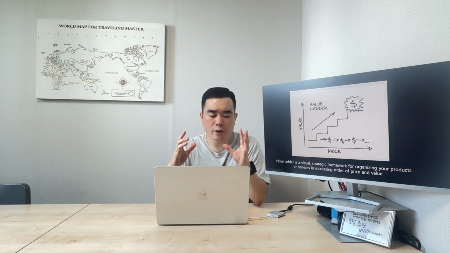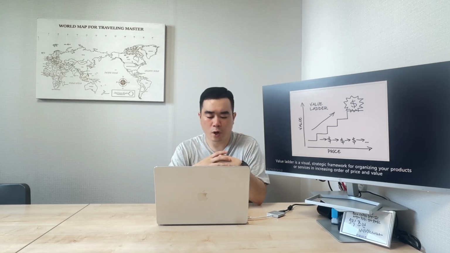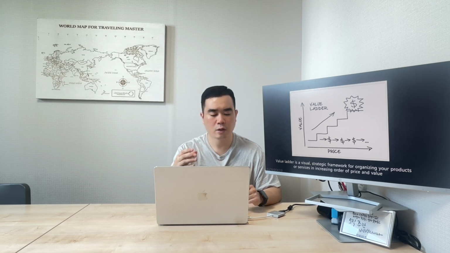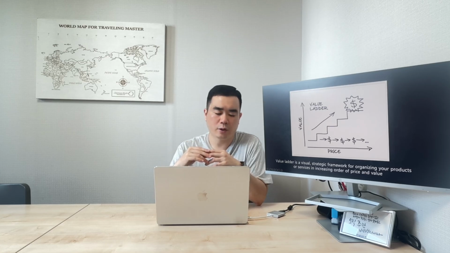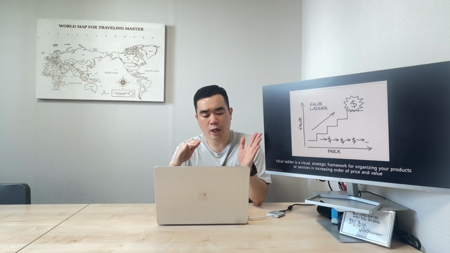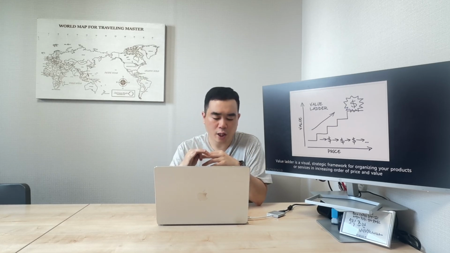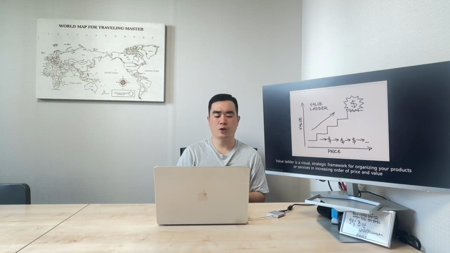As you see, the value ladder is a visual and strategic framework for organizing your products or services in increasing order of price and value. The X axis is the price and the Y axis is the value.